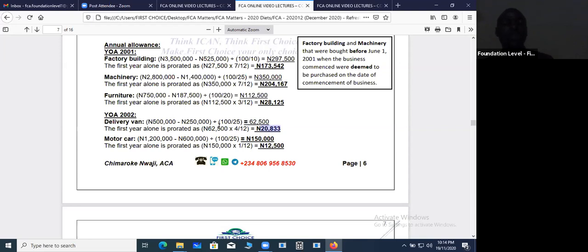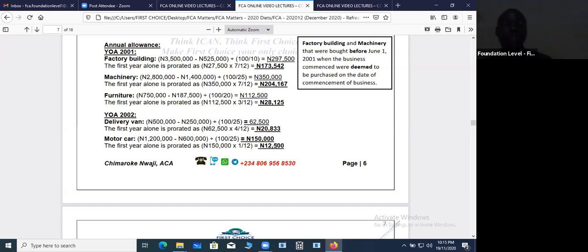Do the same thing too for motor vehicle. Cost minus initial allowance divided by the number of years. That will give you 150,000. Then for that first year alone, you can prorate the 150,000 by 1/12 because it's only 1 month the asset was in use.